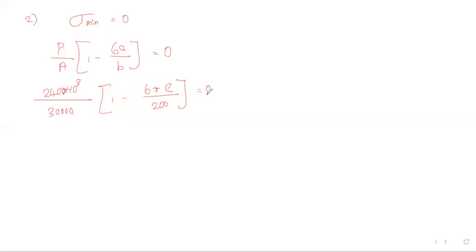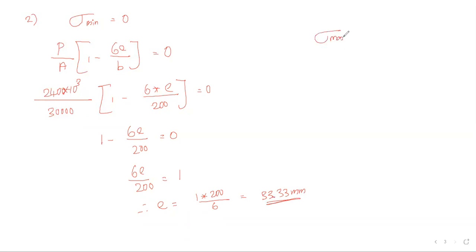Then 1 minus 6E by 200 is equal to 0, so 6E by 200 is equal to 1. Therefore E is equal to 1 into 200 divided by 6, which is 33.33 mm.